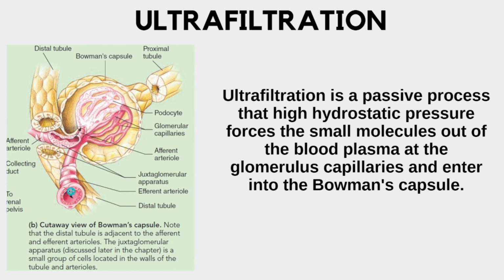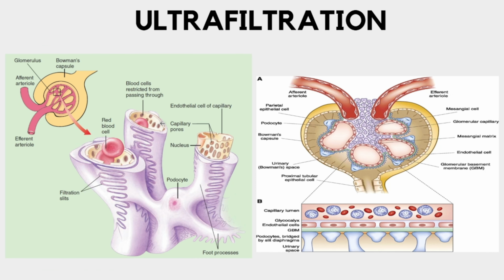So this is the afferent arteriole, right? The afferent arteriole passes through, and due to the high hydrostatic pressure, it will force out all the small molecules, including nutrients like salt, glucose, amino acid, all of them go into the Bowman's capsule from the glomerular capillaries.